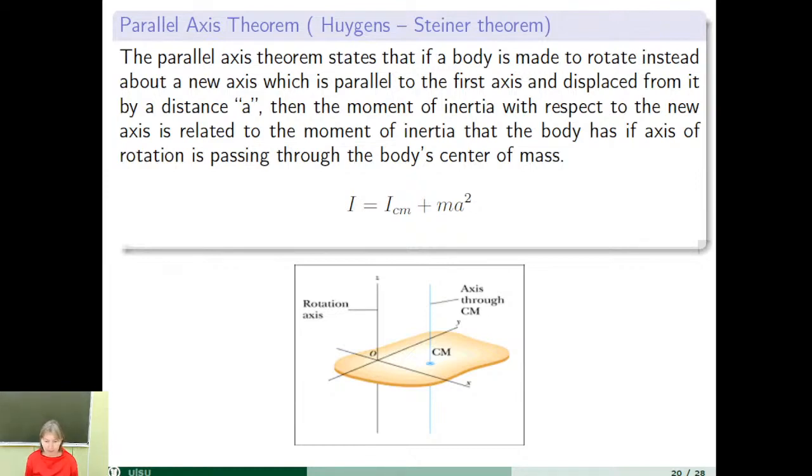Here, a is the perpendicular distance between the two axes, and I_cm is the rotational inertia of the body about the axis through the center of mass.